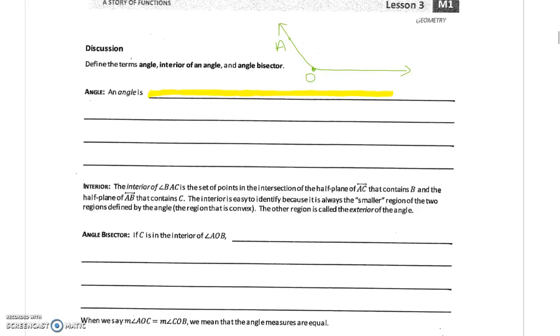The other ray, the bottom ray, is OB. Okay, so an angle is formed by two rays with a common endpoint. For this angle that I drew, it's rays OA, don't forget your symbol, and OB.